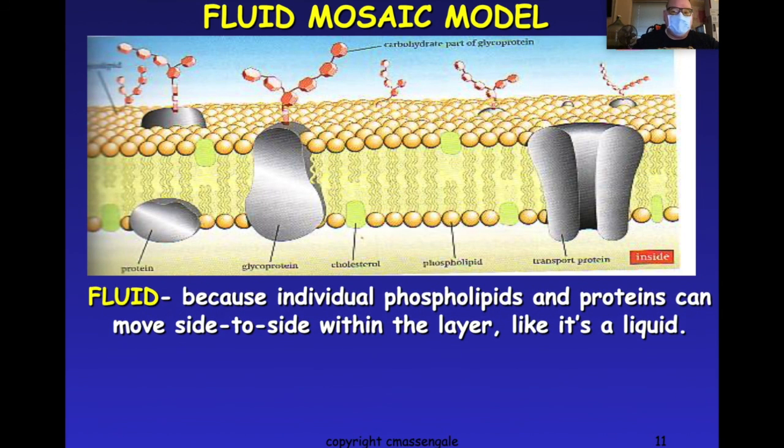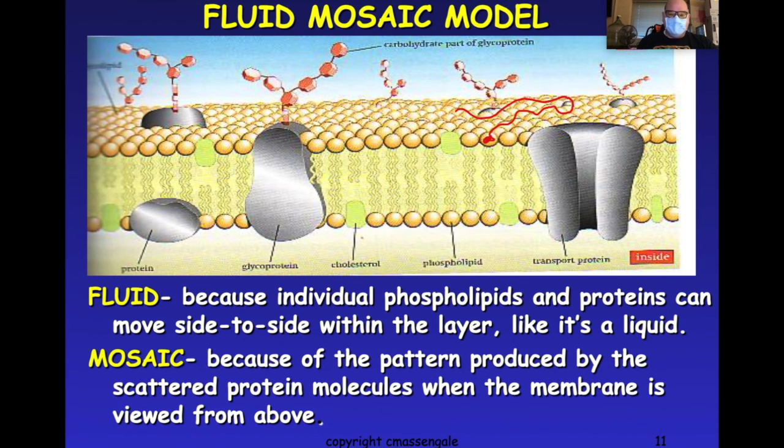So we call these, I already talked about this at the beginning of the lecture, where these things can sort of float around in here and move. We call this the fluid mosaic. There's a form of art that goes all the way back to ancient times called a mosaic. And that's where they would take little pieces of glass or pottery or clay and sort of glue them all together, different colors, and they'd make a picture.